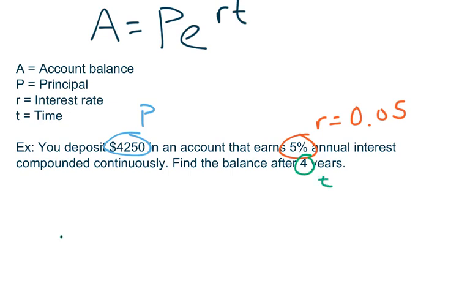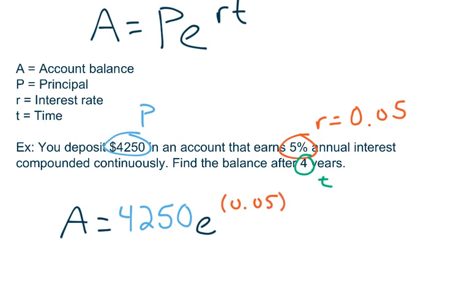Okay, so A equals my principal, 4,250, and then we'll have an e, that's just a number, and then we're going to raise that to the 0.05 times 4 power.